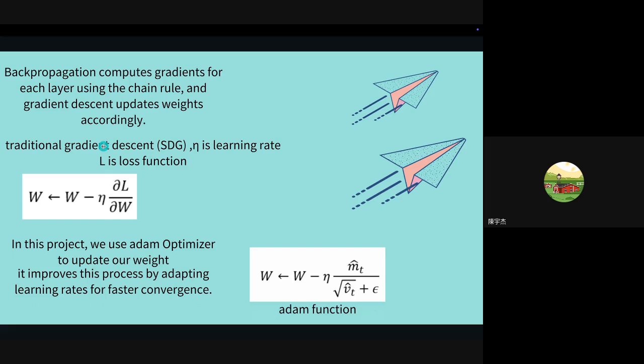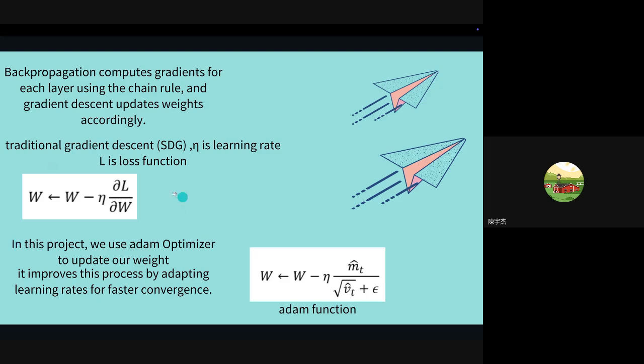The last part of the DNN is backpropagation. It computes the gradients for each layer using the chain rule, and updates the weights accordingly.